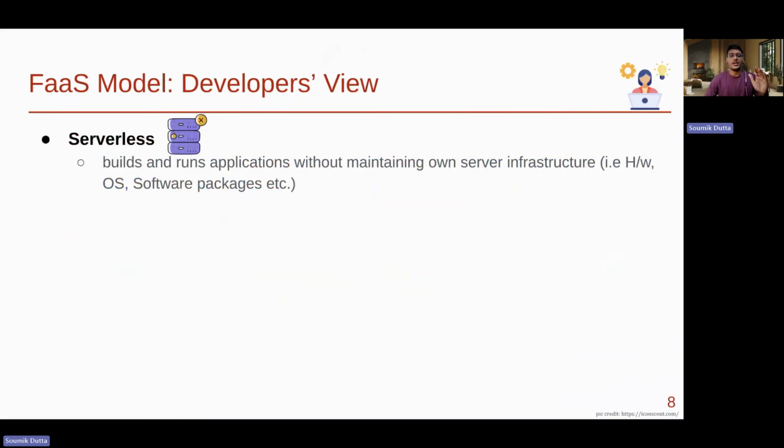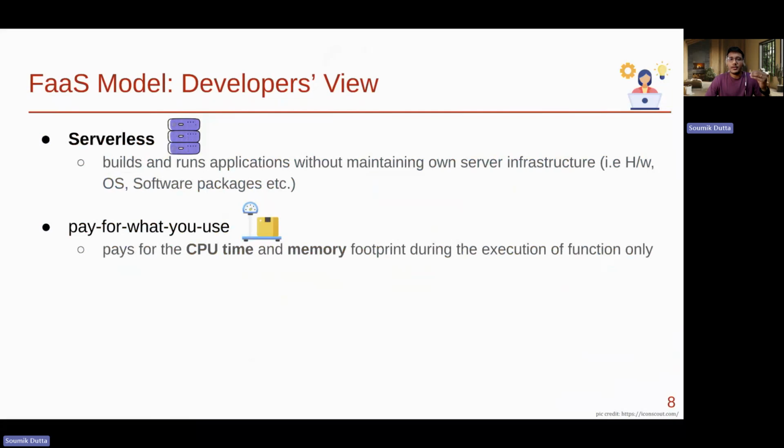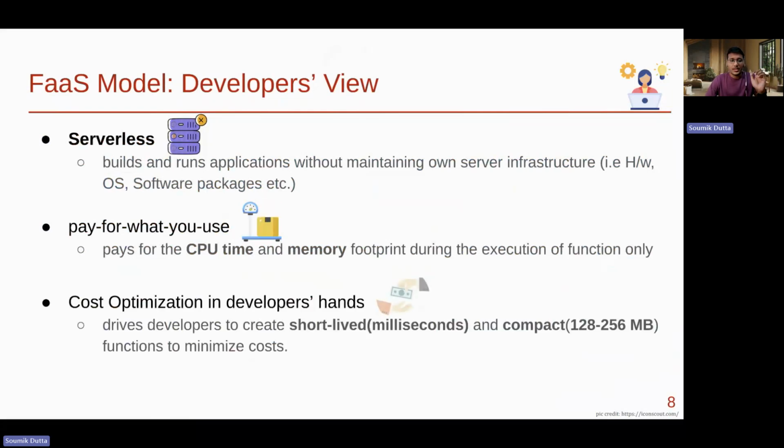So from this we can get the idea of why this is called a serverless model, because from the developer's perspective, the developer can build and run applications without managing their own server infrastructure like hardware, OS, and software packages. This is a pay-for-what-you-use model, that is, the developer has to pay only for the CPU time and the memory their application is actually running, not for the idle time of their application.